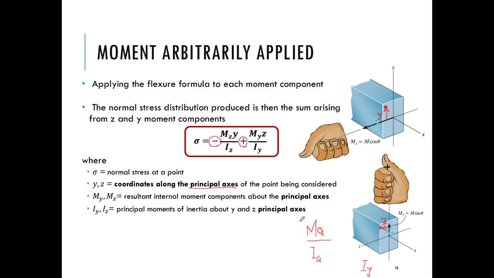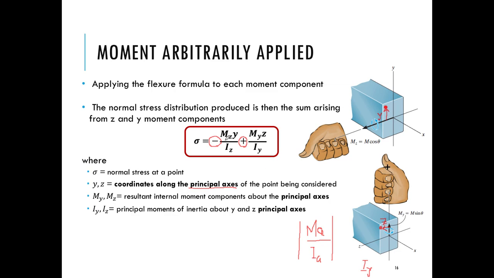Right hand grip rule मुझे positive tensile या compressive दे रहा है. Then I'm considering कि अगर मैं My को देख रही हूँ तो then I have My, coordinate उससे क्या है, z coordinate है y axis से, और moment of inertia क्या है about the y axis, that is Iy. And then finally right hand grip rule से I know that that is a tensile stress for this point, hence why ये पूरी की पूरी term आ जाती है.